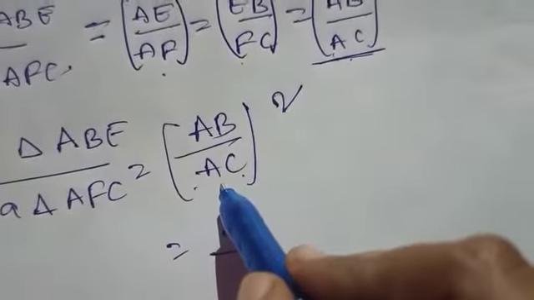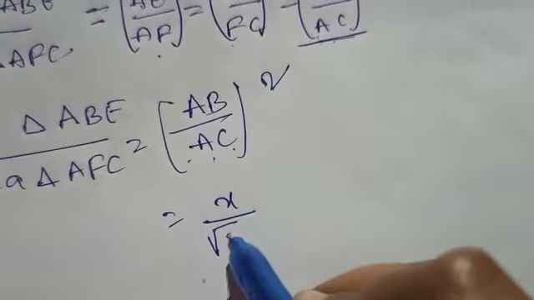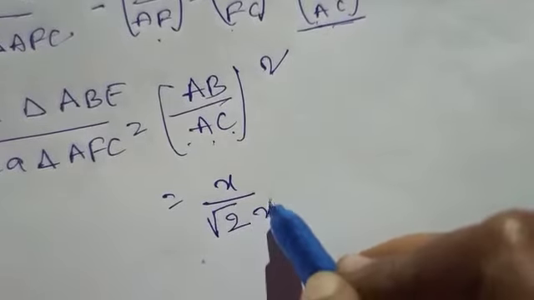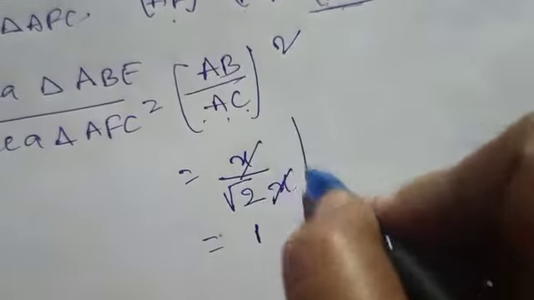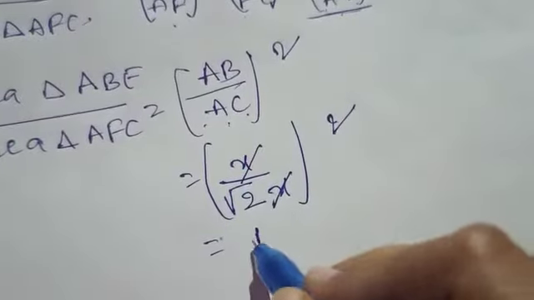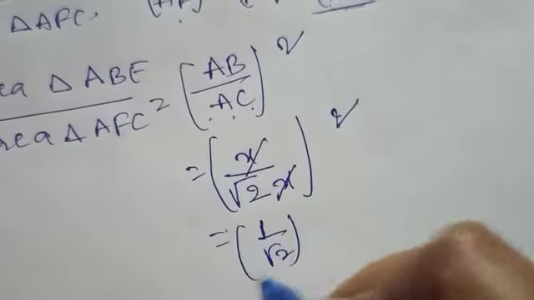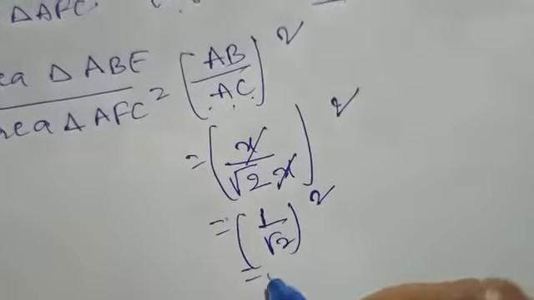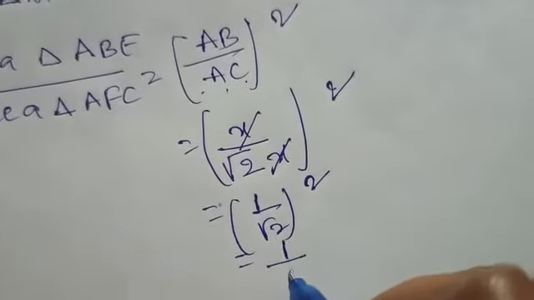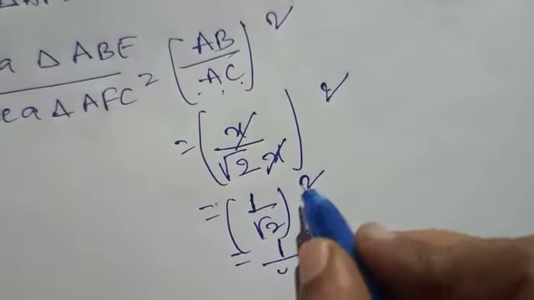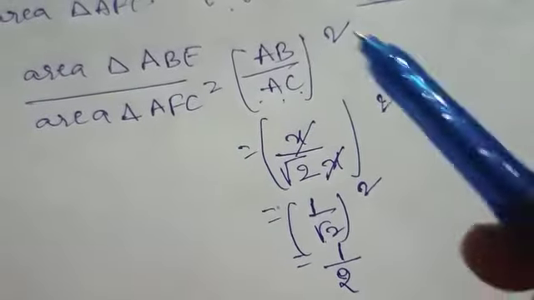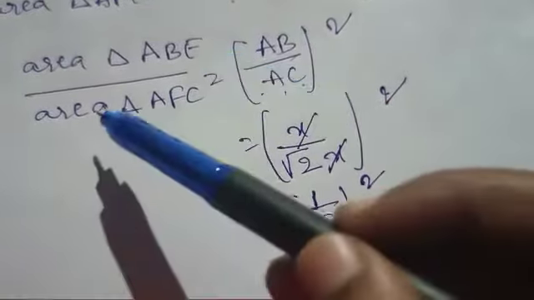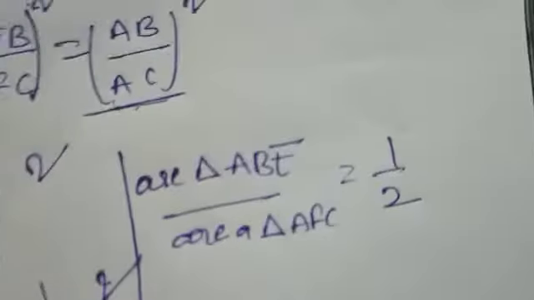In place of AC, we write root 2x. Here x gets cancelled, which is equal to 1 by root 2 whole square. 1 by root 2 whole square equal to 1 by 2. Therefore, area of triangle ABE by area of triangle AFC equal to 1 by 2.